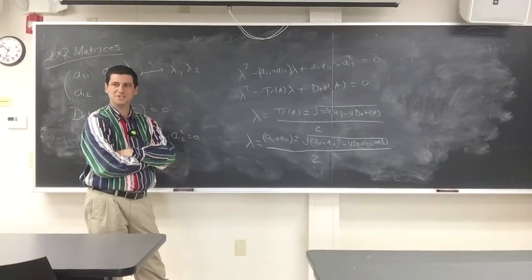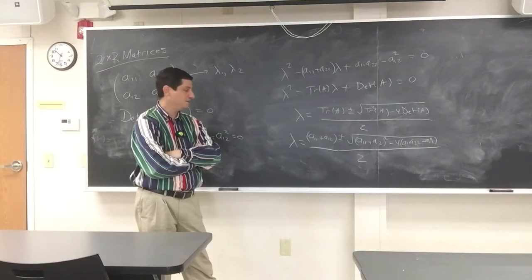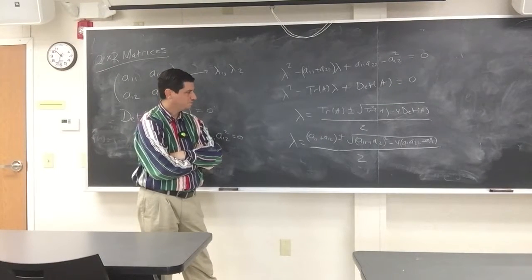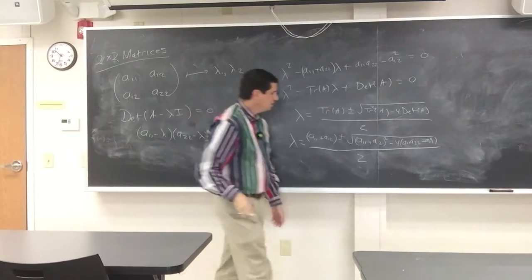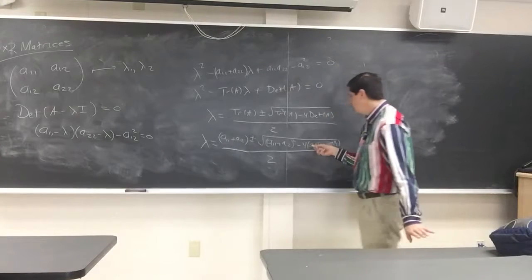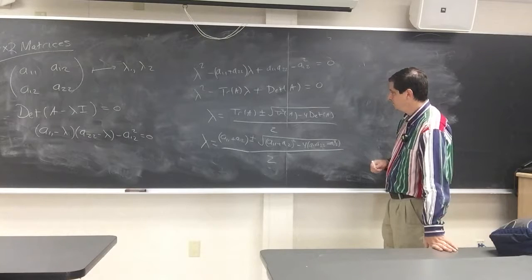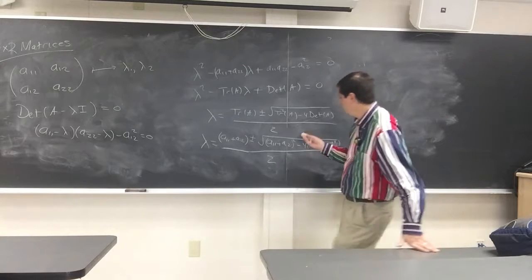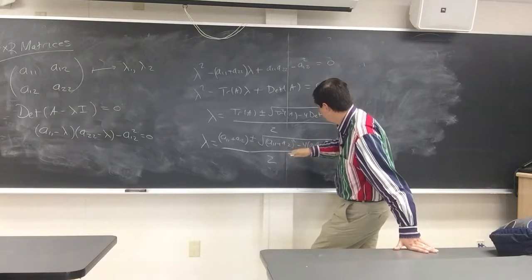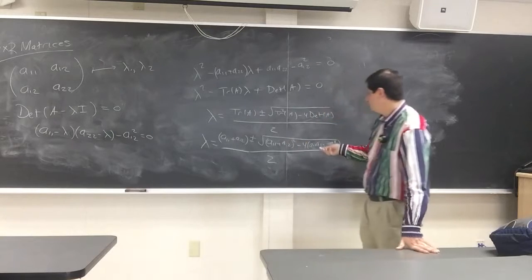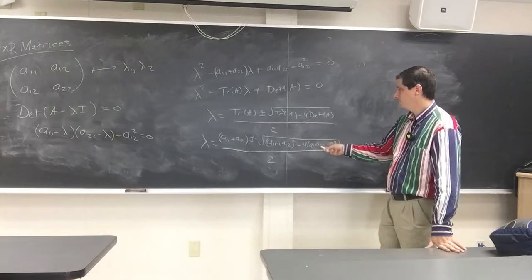All right, so we're smelling cancellation. That'd be nice. Let's think. We have a minus 4 A11 A22. We have a minus A12 squared outside as well.